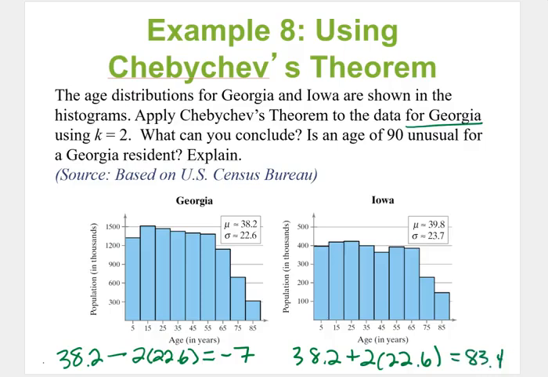So that tells me that between the ages of 0 and 83.4, I have at least 75% of my population for Georgia. Okay, so that's between 0 and 83.4. That is 75%, at least, right? At least 75% of my data is going to be there.